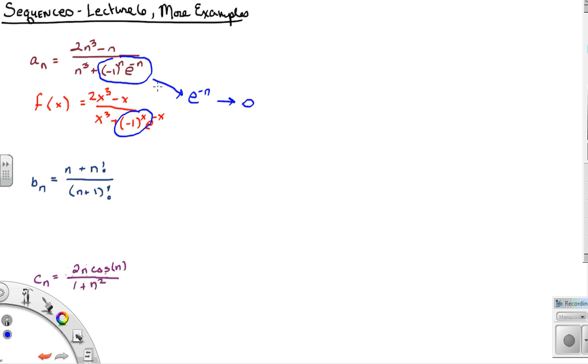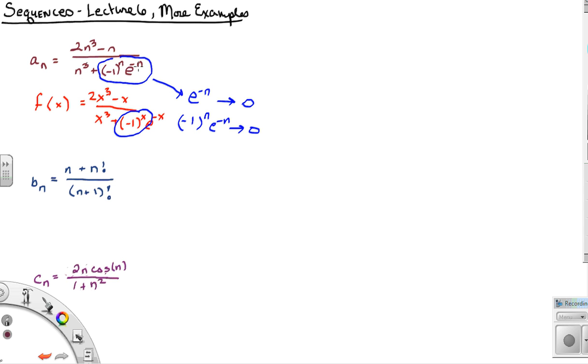And so the whole alternating thing, -1 to the n, it's going to bounce back and forth on either side of 0, but it's going to 0 too. So you can sort of rule out thinking about that thing, and this becomes like the function 2n cubed minus n over n cubed.